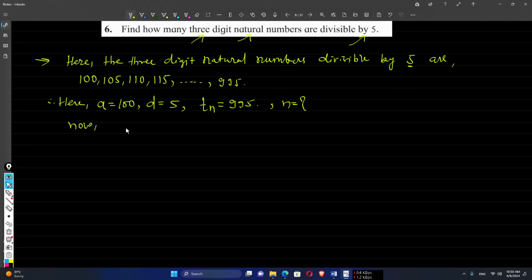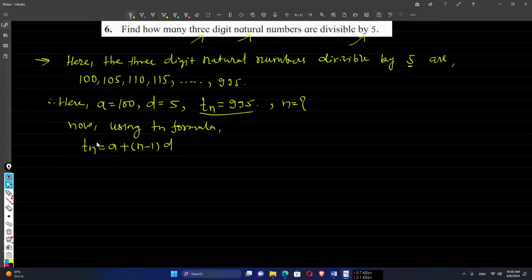Now, using the Tn formula, Tn equals A plus in bracket n minus 1 times D, which is the formula of the specific term in the AP, and the value of Tn is 995.